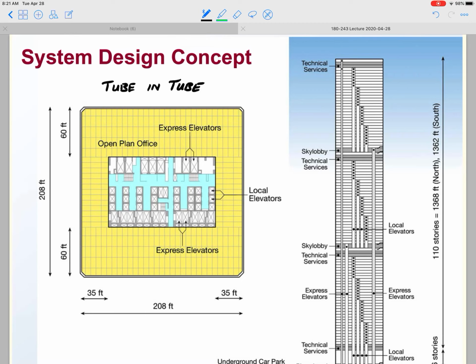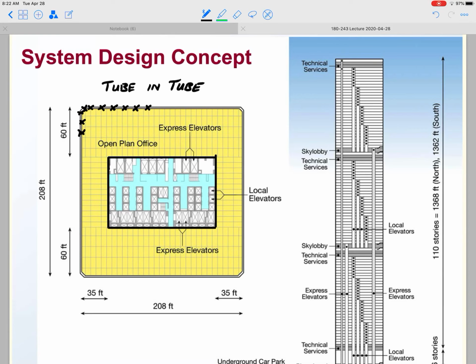They were built in the 70s, and they had a centralized core, right? So a central core here, where all of the elevators were located. And then around the outside, they had a series of very closely spaced columns. So that is the tube-in-tube construction.